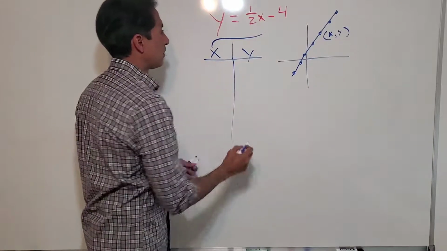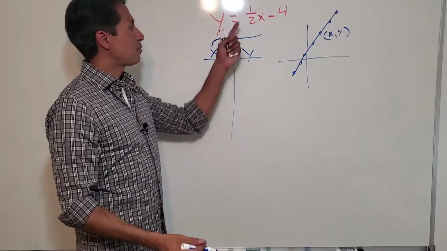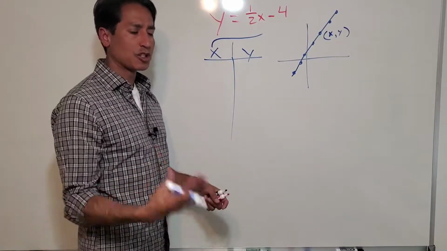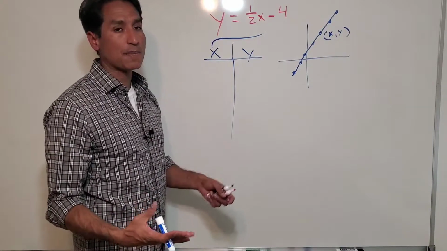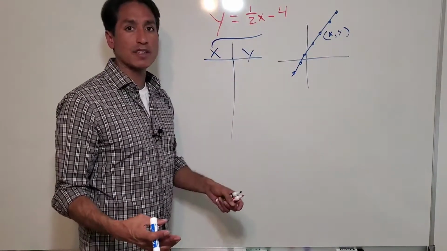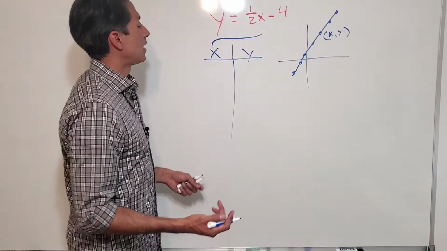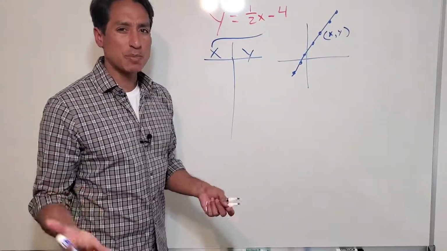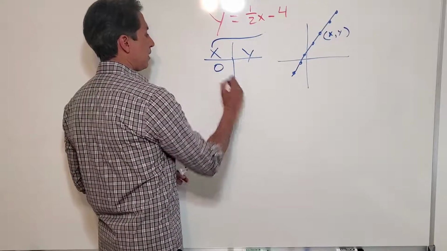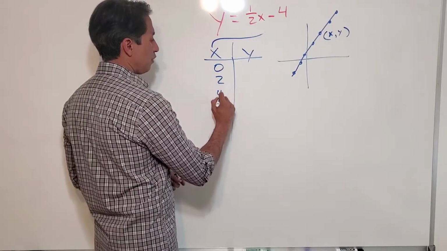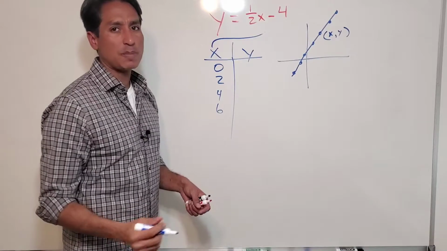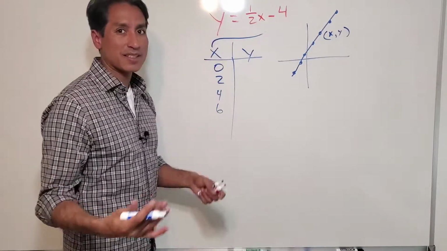So I make my table of values. Now, some people, because there's a fraction, like to use multiples of a number. If you want to get started, pause the video, try it, and see what you get. That would be awesome. I'm going to do them right here, right now. Again, I'm going to pick small numbers: 0, and then 2, 4, and 6, just because they're divisible by 2, and it makes it a little bit easier.